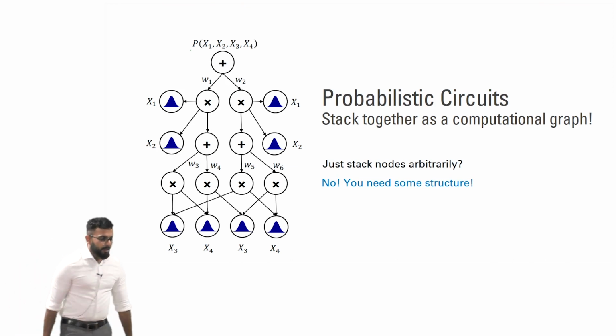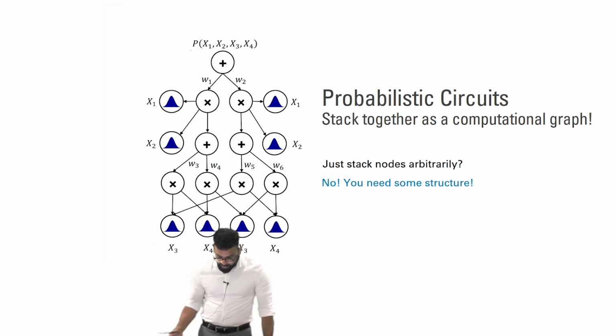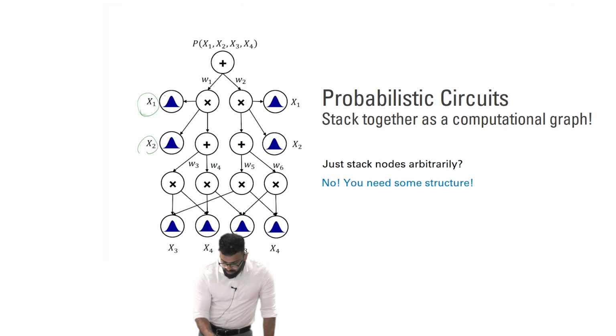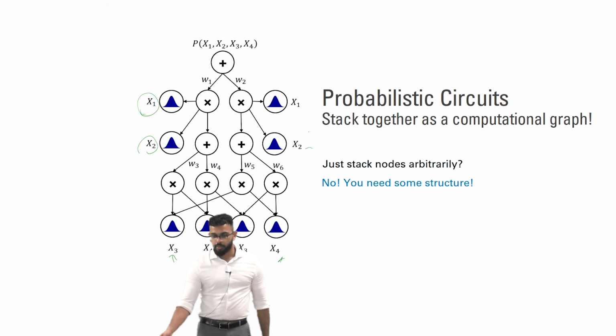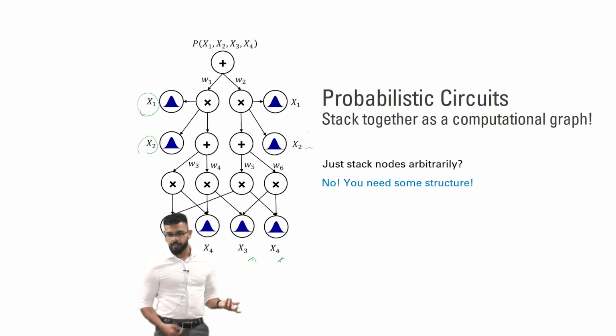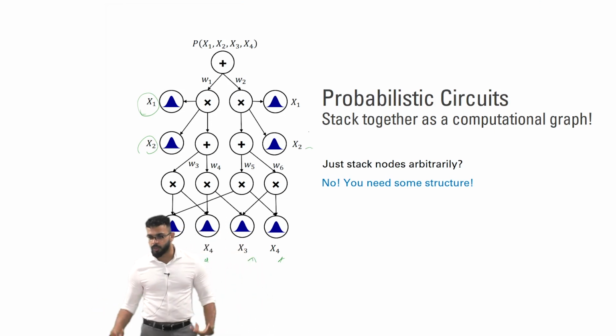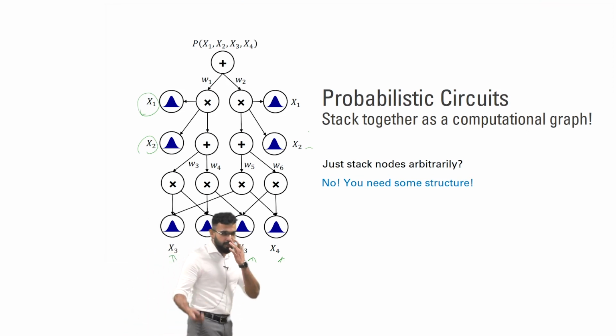So at the leaf level, the scope of the leaves would be the variables x1, x2, x3, x4, but then you can have multiple distributions for each random variable. So here you have 2 distributions for x3, 2 distributions for x4, 2 distributions for x2, and 2 distributions for x1, right? And that's something you can vary, and the more distributions you have, the better you'll be able to fit the joint distribution, the real data.